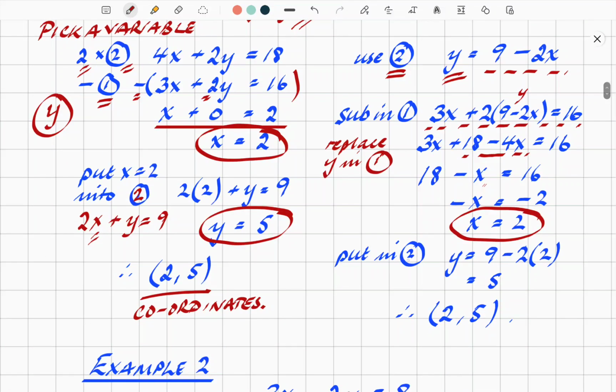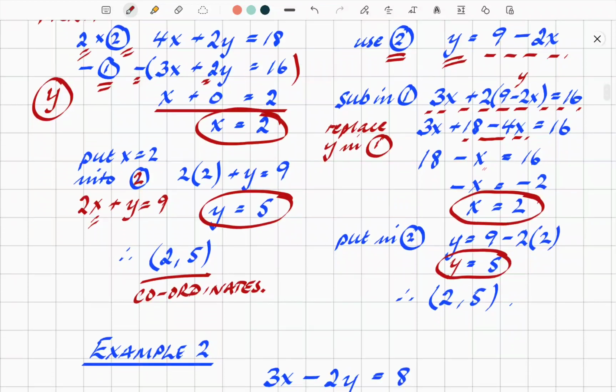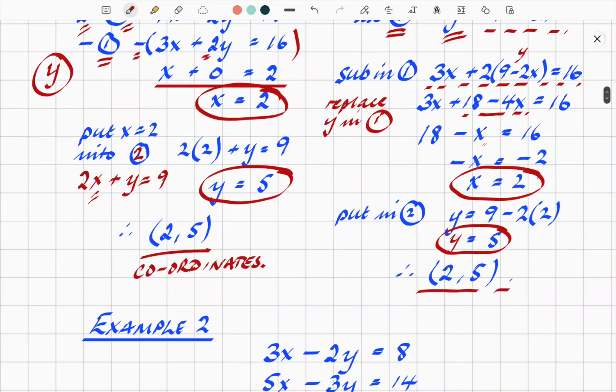And again, putting it back into equation 2, you've got y equals 9 minus 2 times 2. So y equals 5. So we get exactly the same solution that we had before. Let's write it like that, and presenting it exactly in the same way.